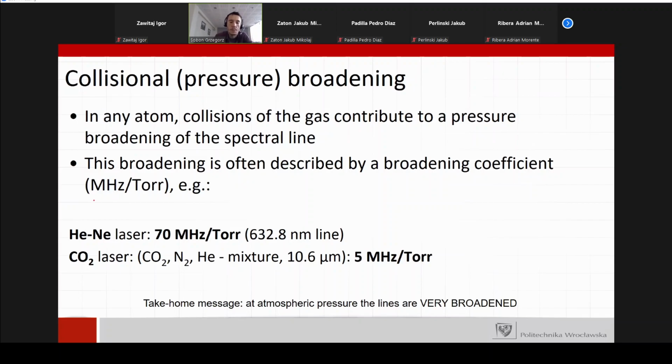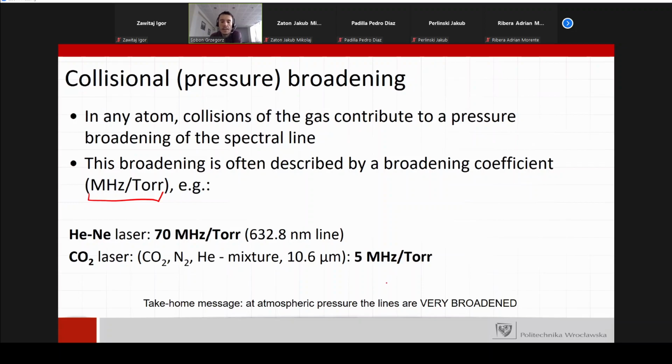So that's why we often define a collisional broadening coefficient expressed in megahertz per 1 torr of pressure. So for example, for a HeNe laser, this is approximately 70 megahertz per torr of pressure. And in the CO2 laser, about 5 megahertz per torr.